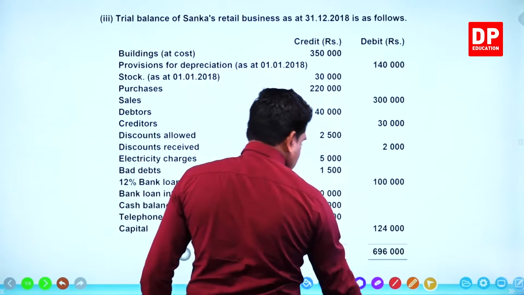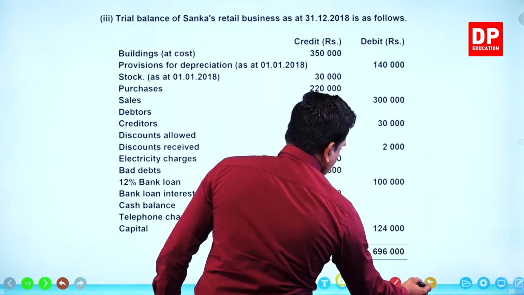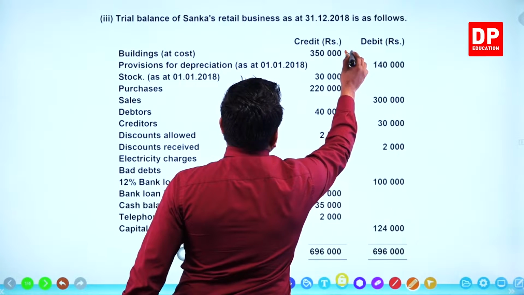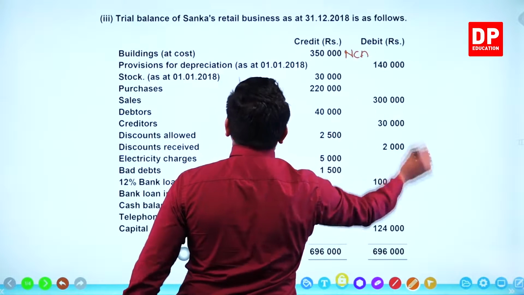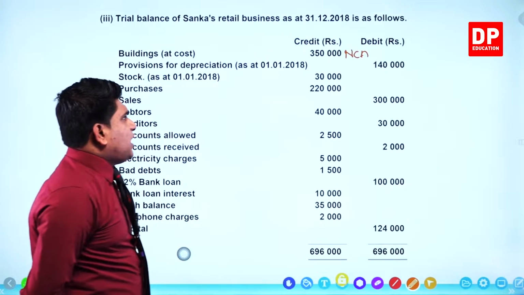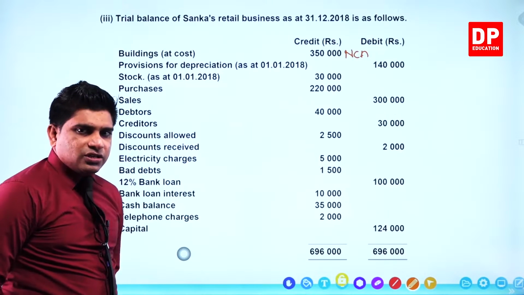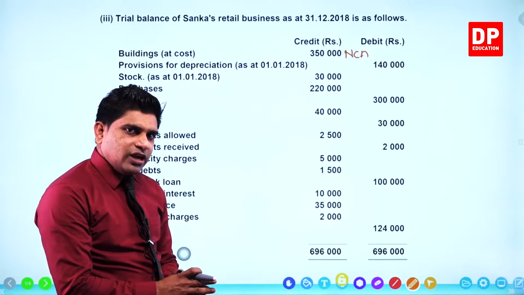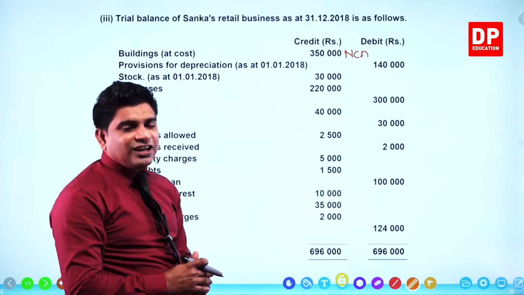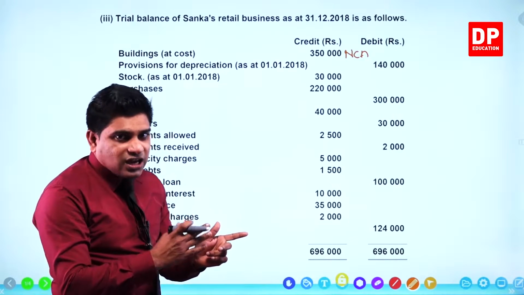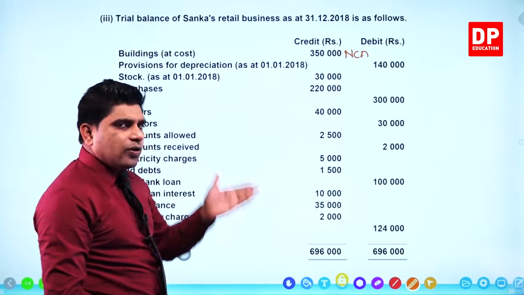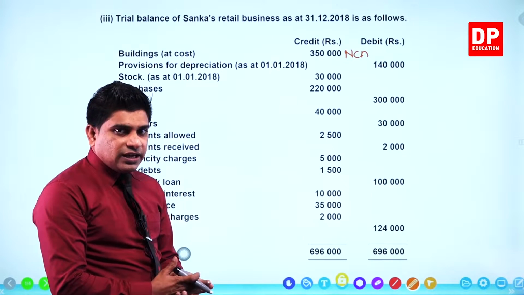Now buildings, what is that? Non-current assets, NCA. Provision for depreciation as at 1st of January 2018. You know the year ends on 31st December 2018, and the accounting period starts on 1st of January 2018. So they have provided us the depreciation for the related building.